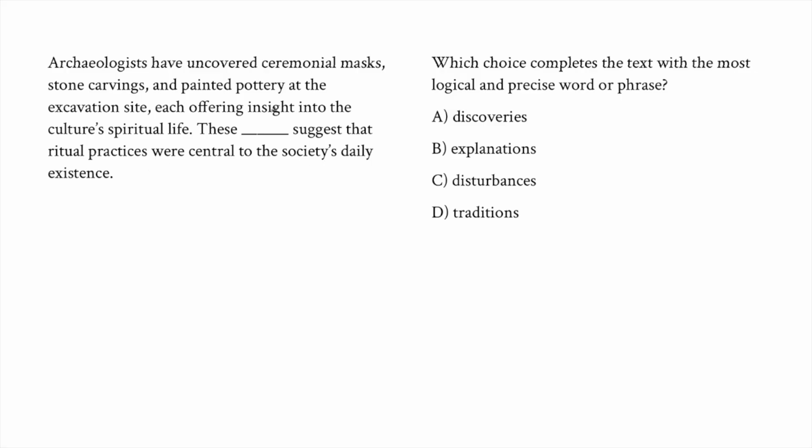So it has to refer to something plural because these is plural. Well, masks, carvings, pottery, those would be like artifacts, things that were created by humans and later found by subsequent humans. And we look at our answer choices, and even though discoveries and artifacts are not probably going to be next to each other in a thesaurus, it's still what we want here, right?